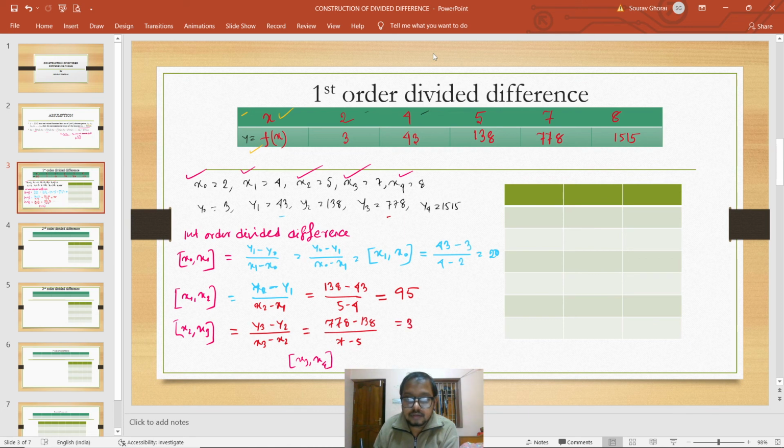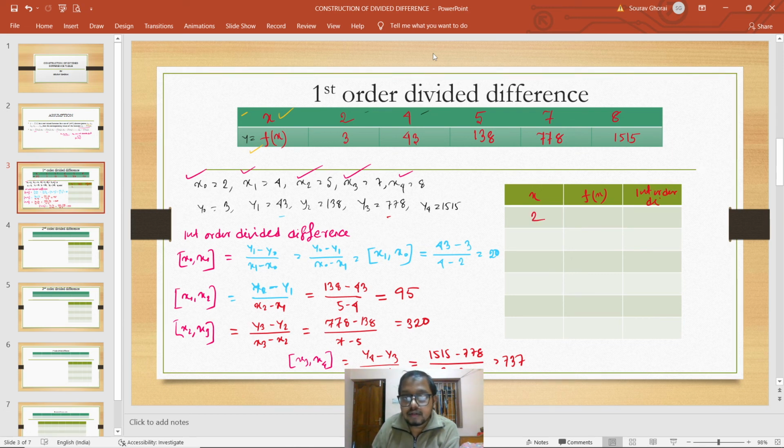So this will be 320 if you calculate. And [x3, x4] is (y4 - y3)/(x4 - x3), that is 1515 minus 778 by 8 minus 7, so it will be 737. So here, this is x, this is f(x), and this is the first order divided difference.